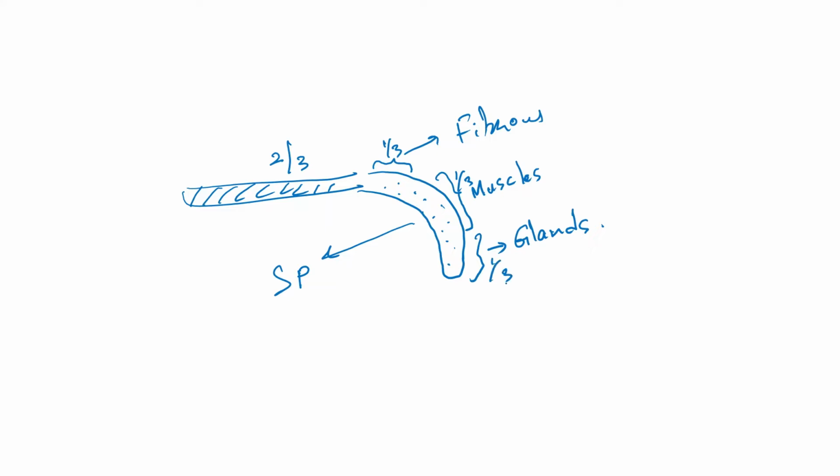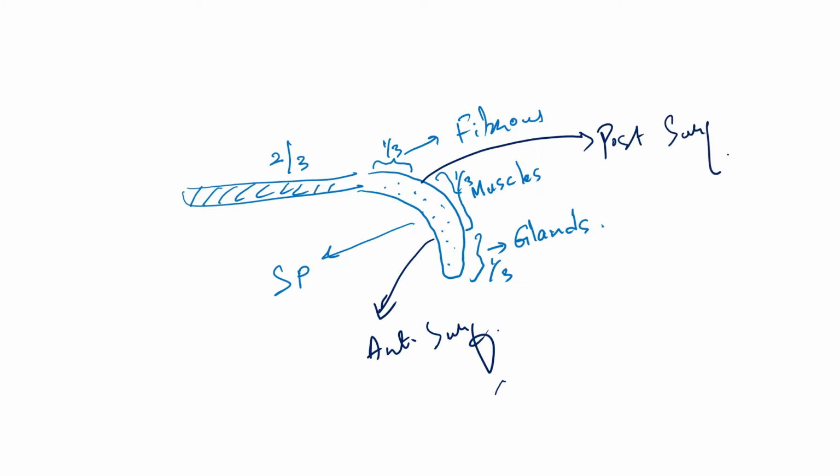Moving on to the presenting parts of the soft palate. It has the anterior surface and the posterior surface, and it also has the upper and the lower border.